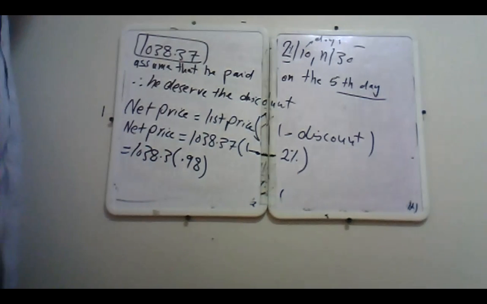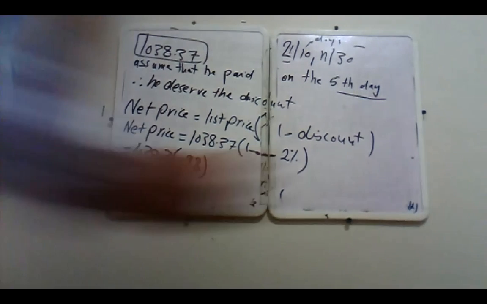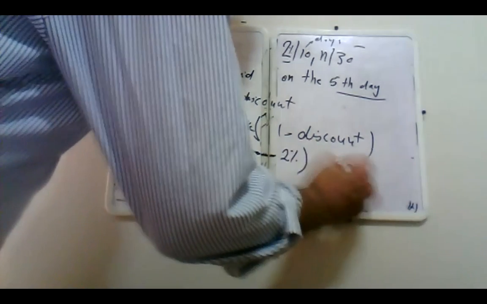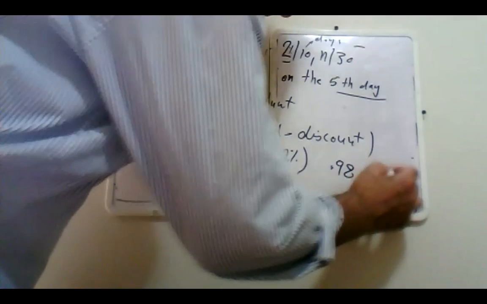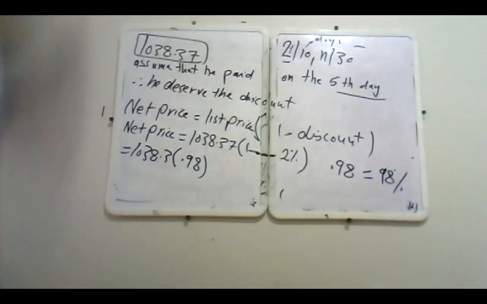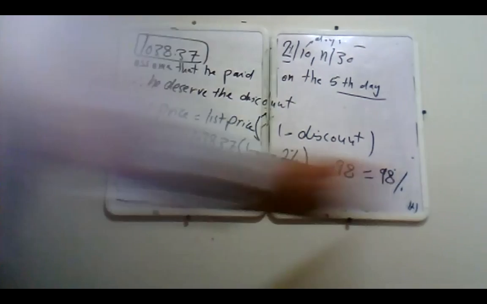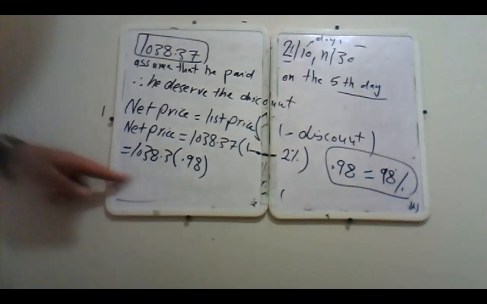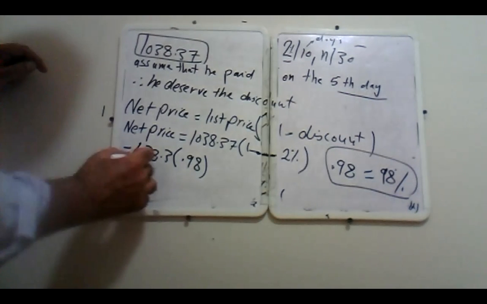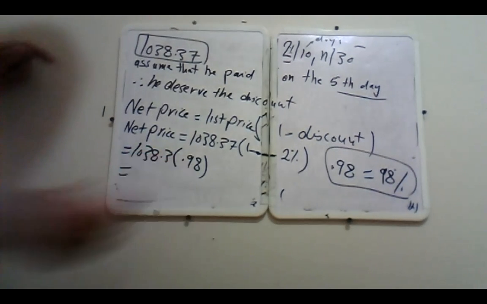You know that 0.98 is exactly like this, 98%. Those are the same. So here this will be 1038.37 by 0.98.